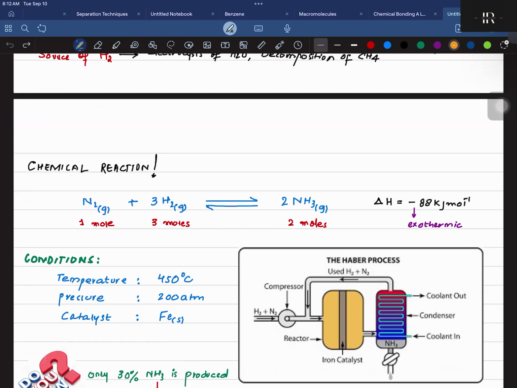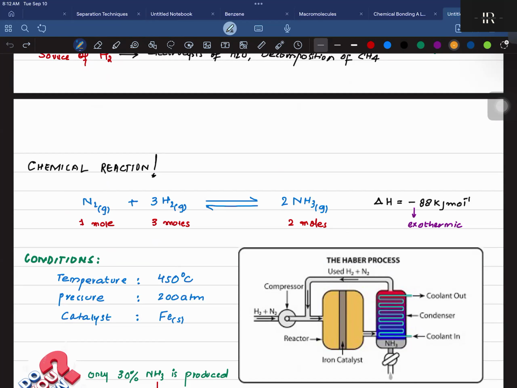Then these are the conditions for this reaction. The first one is we are supposed to provide 450 degrees Celsius temperature. And then we are supposed to provide 200 atmospheric pressure, and then we are supposed to provide a catalyst, that is iron, for this reaction. Catalysts are quite specific for specific reactions.